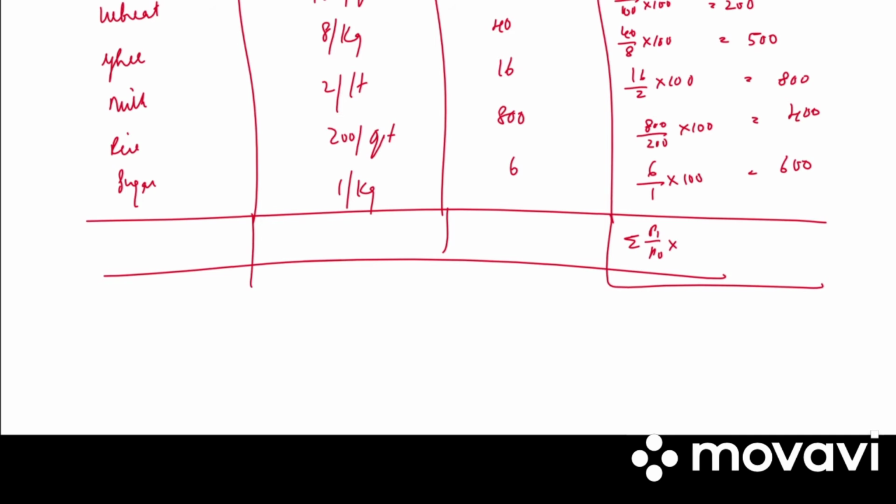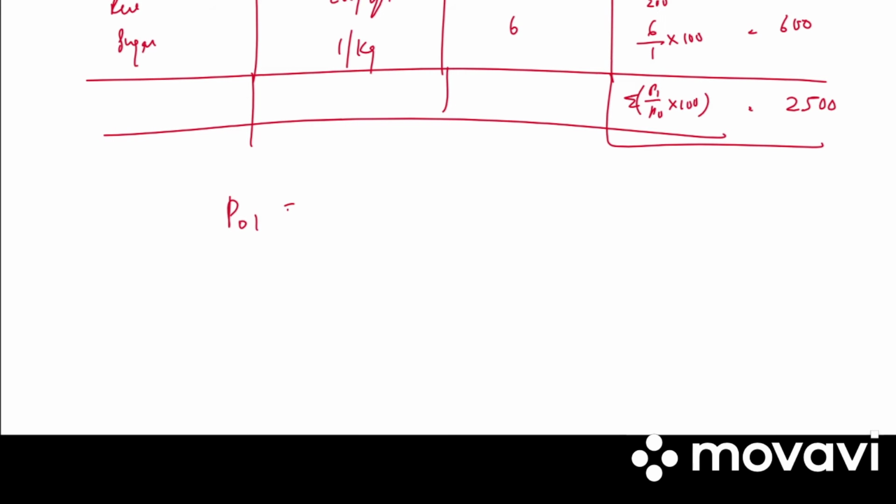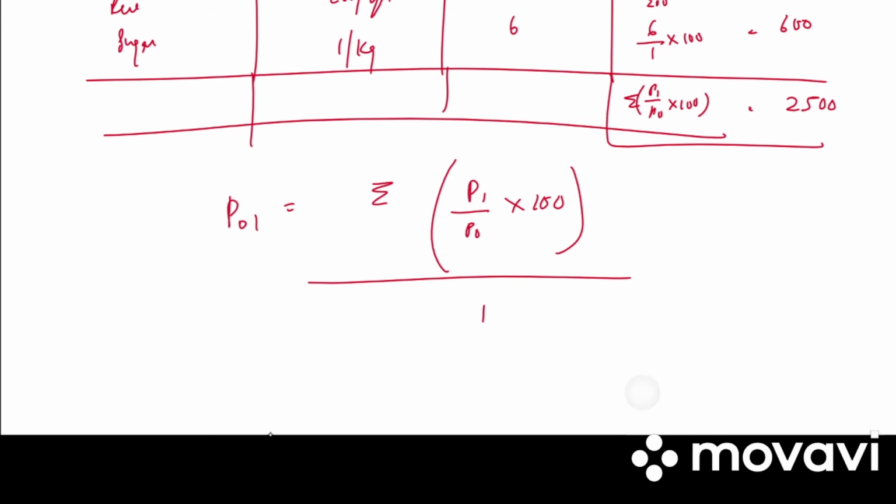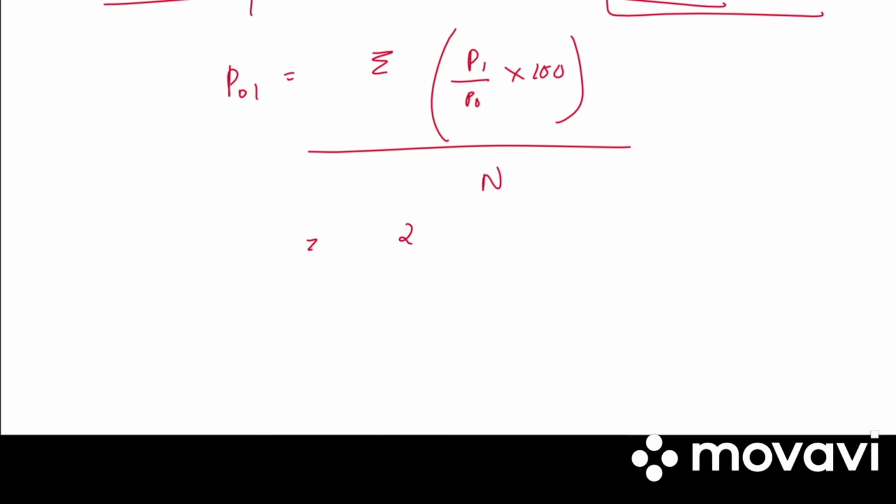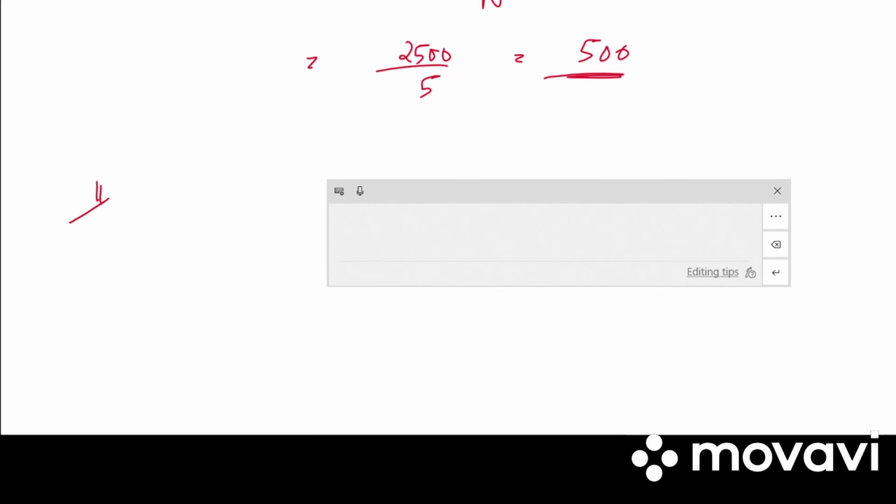Add it, you get 2500. So what is the formula? P01 is equal to summation P1 by P0 into 100 divided by N. 2500 divided by 5, we get 500. Clear? Next, this was simple index number.